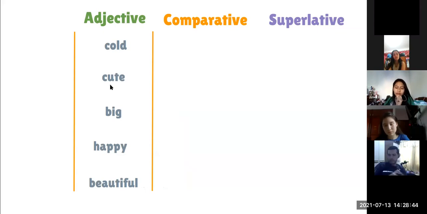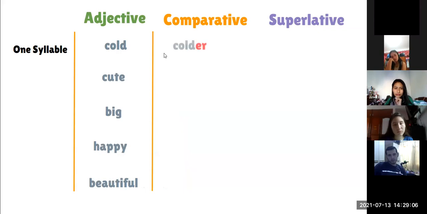How do we change this adjective to the comparative form? We add ER. Yes, very good. When we have an adjective that has only one syllable, as cold, we need to add ER. And we say colder. And also, as your partner said, we need than, colder than, okay?